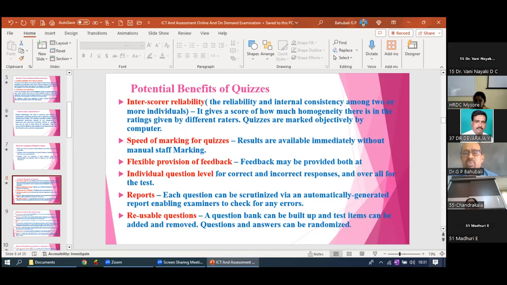As soon as the student marks an answer, the rating is recorded, the rightness or correctness of the answer. There is flexible provision of feedback, at the individual question level and in the report, and reusable questions. That means the same questions we can use at different times, at different levels, or in different situations. There is scope to reuse the quizzes.